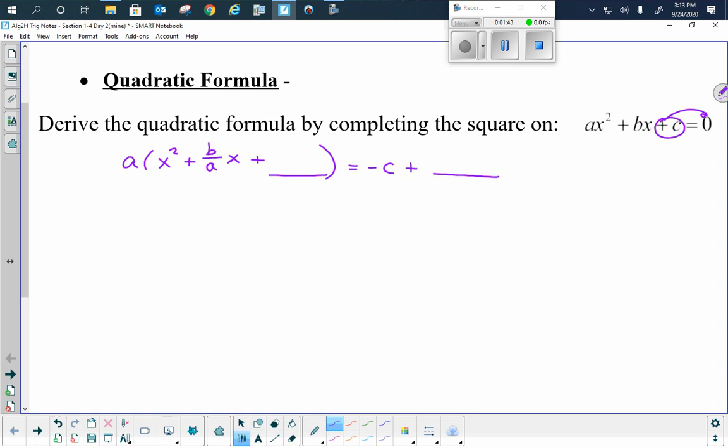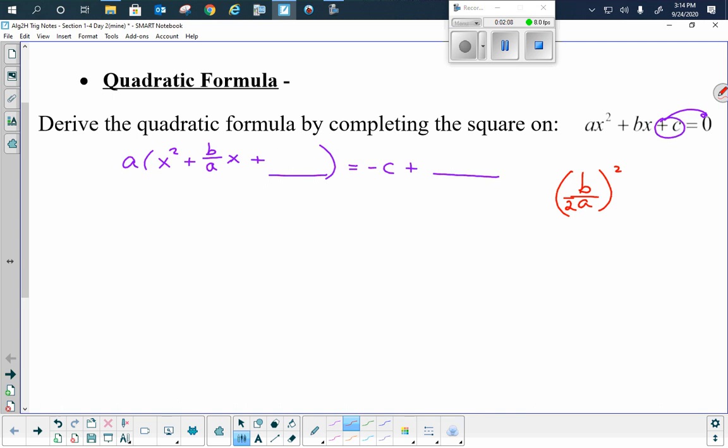Okay, completing the square then. If I just do a side note here so you know what I'm doing: if I take the b over a, the coefficient in front of x, I divide by 2, which means now it's b over 2a, and then I square it, you should be thinking that would be b squared over 4a squared.